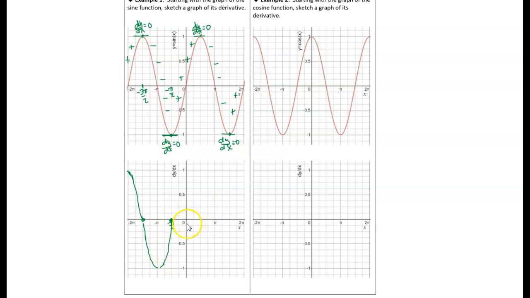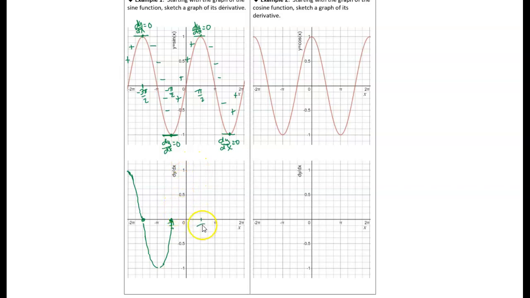All right. Now the slope is positive again, and it's positive all the way from negative pi over 2 to pi over 2. The slope is positive, so the function is increasing. So the graph of the derivative has to be above the x-axis for that whole period.